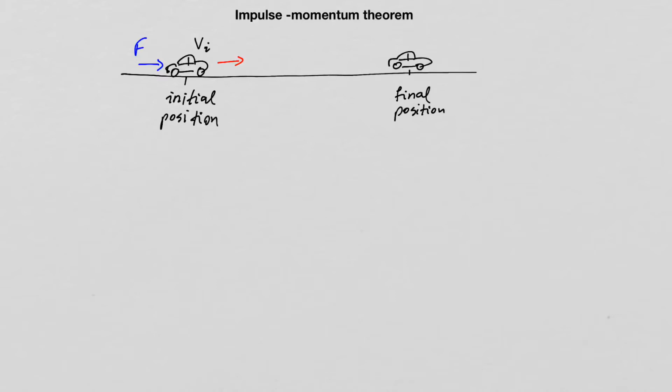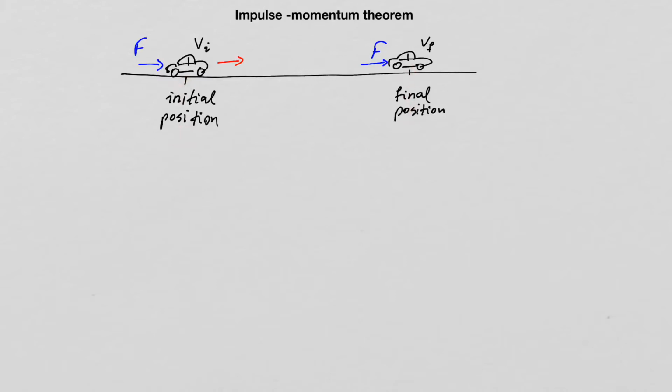And now the velocity of the car is different, v sub f. So the force is applied on the car at all times between the initial and the final positions. And then after the car passes this final position, it doesn't matter if the force is applied or not, because we only are interested in what happens to the momentum of the car between those two positions here.